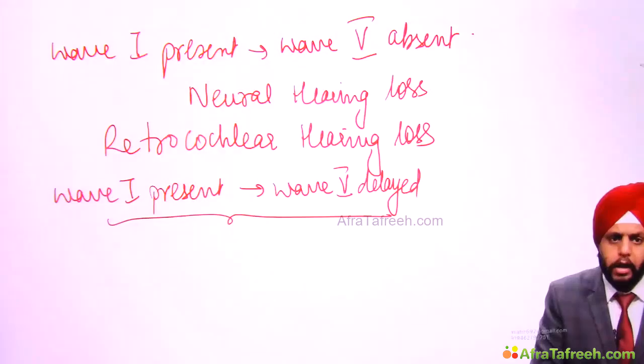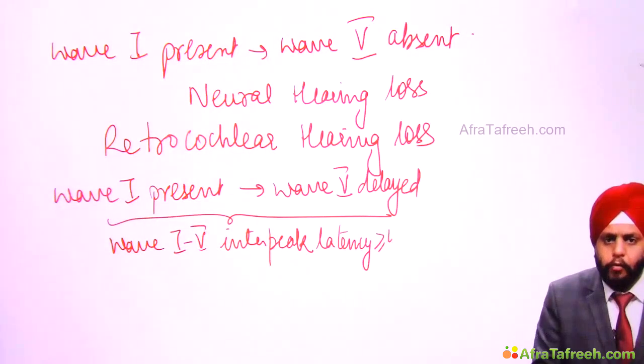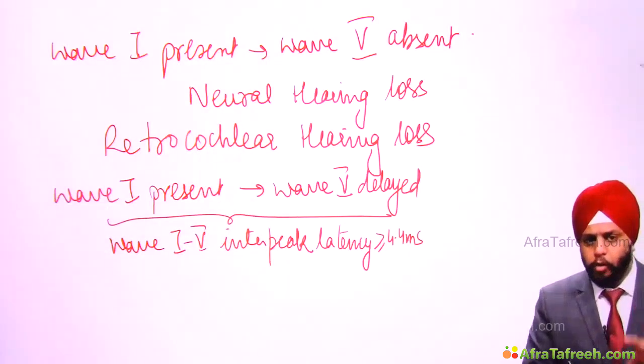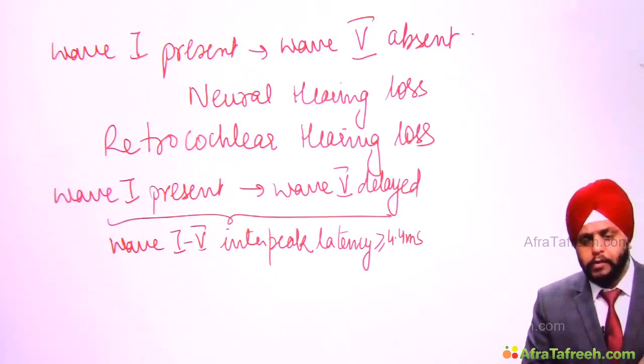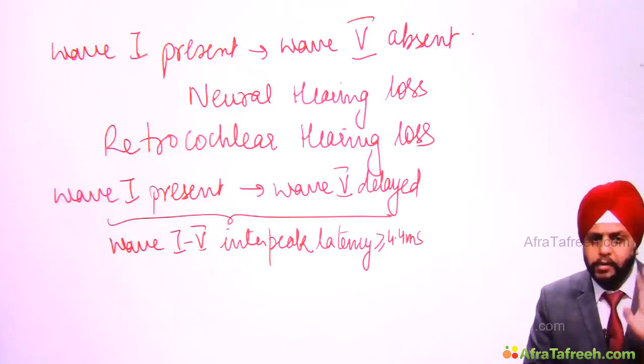If the wave 1 to 5 interpeak latency is 4.4 milliseconds or more than that, 4.0 was normal, then it is abnormal.